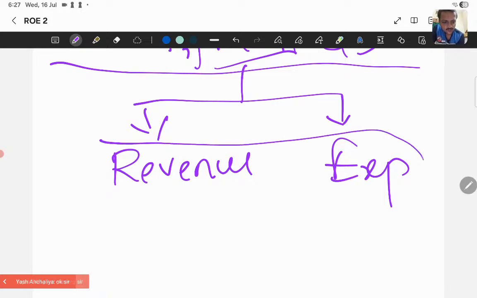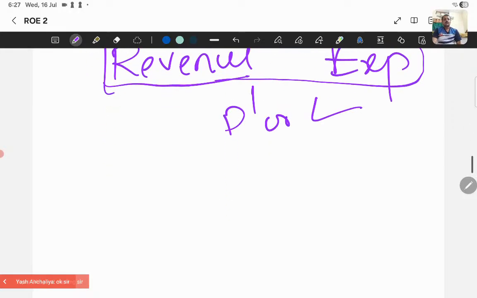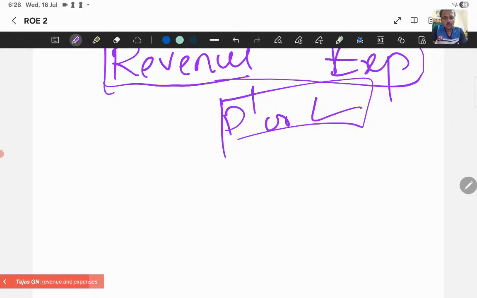Next, see, the result of this will be either profit or loss. So the rectification of these two will affect these two. Because of that, whatever rectification is done to revenue and expenses has to be recognized separately.